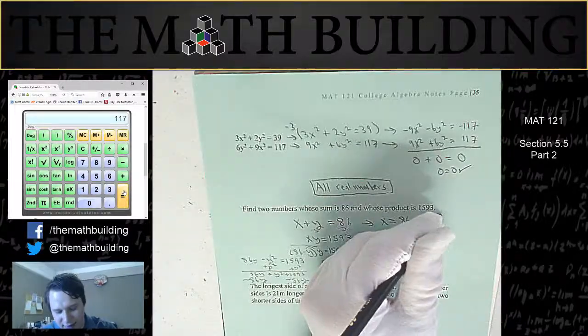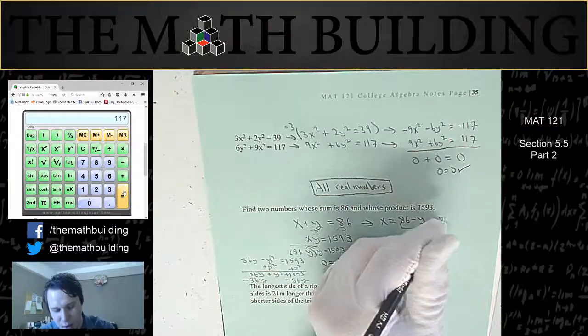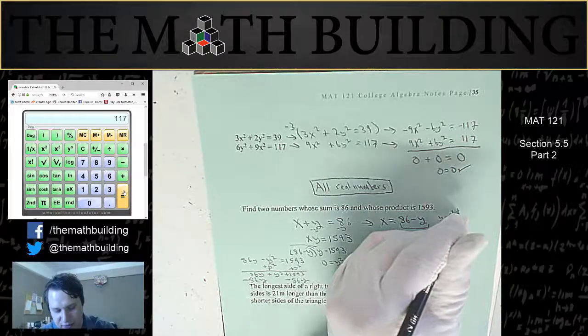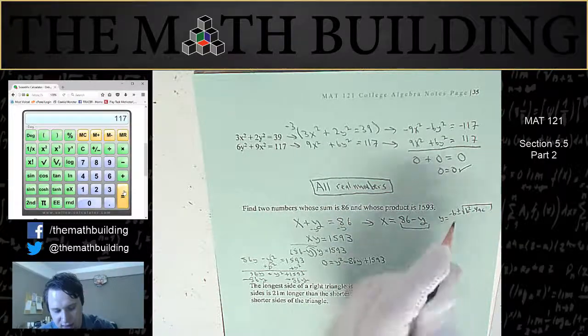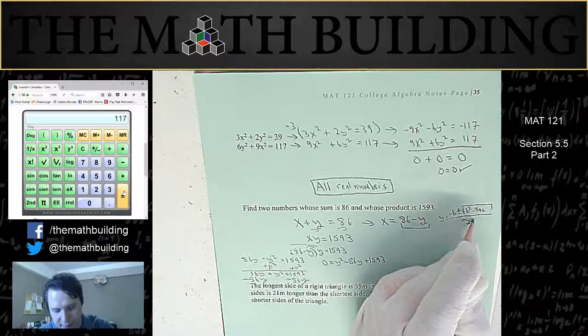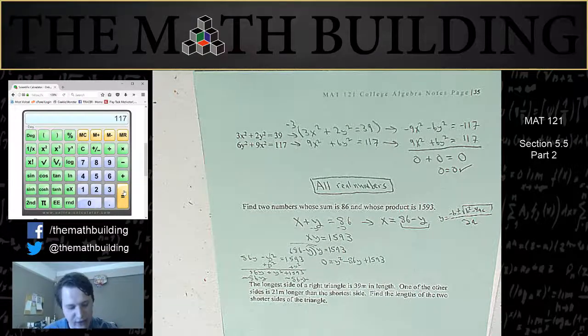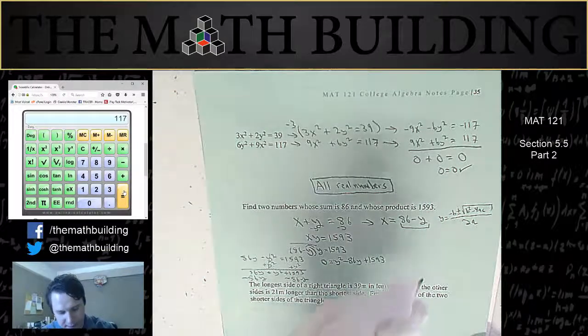As a reminder, that's, in this case, y equals negative b plus or minus the square root of b squared minus 4ac all over 2a. So hopefully you have that memorized. So here we go.